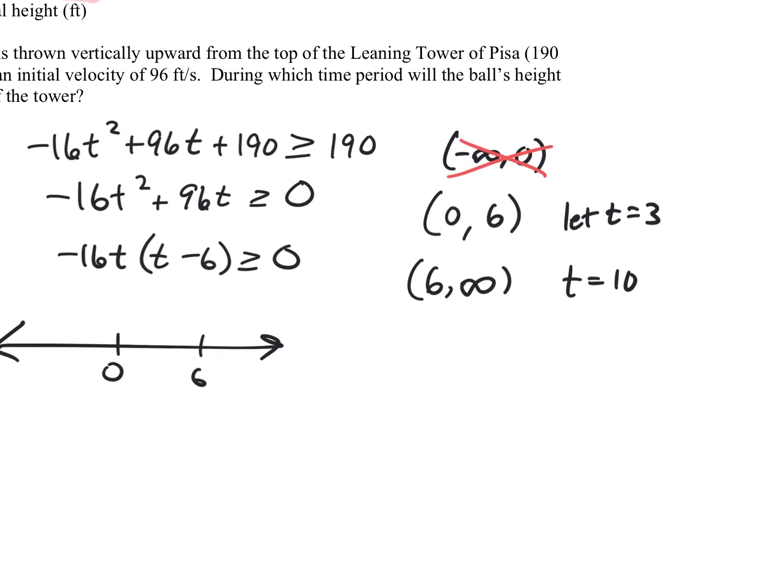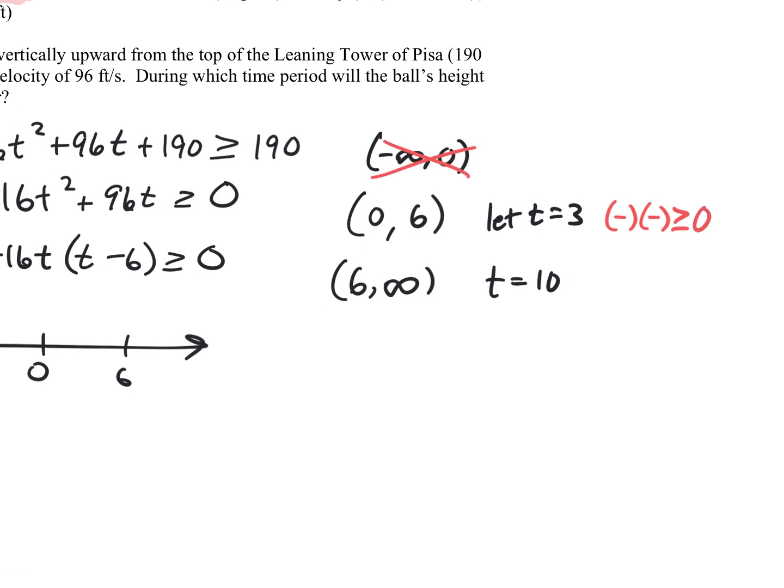Well, if I were to plug those values in, I would get a negative number times a negative number. And I want that quantity to be greater than or equal to 0. And in this case, that is true. When t equals 10, I will get a negative number times a positive number.